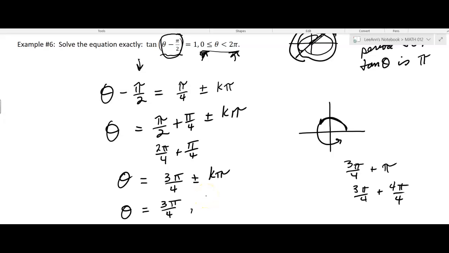So 7 pi over 4. Now, those are both between 0 and 2 pi, which is what they want. And those are going to be the only ones. So there we go. We get two solutions, 3 pi over 4 and 7 pi over 4.